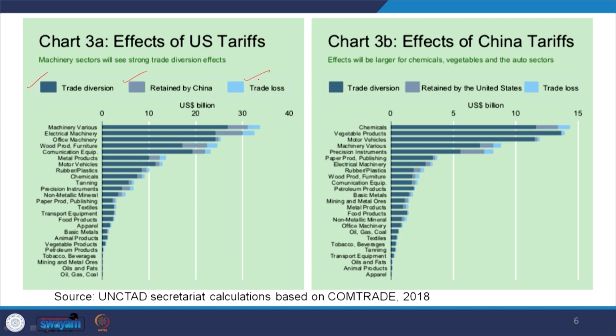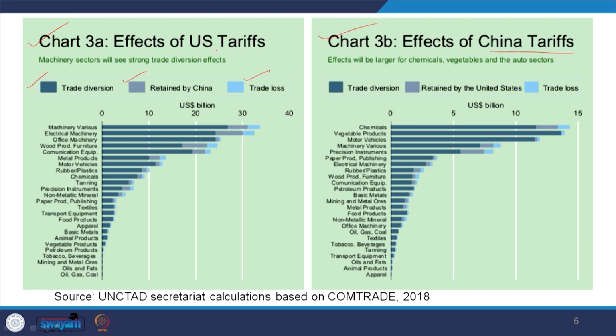Now, this is world trade for different sectors. Chart number 3A is for US tariff, whereas chart number 3B is for Chinese tariff.